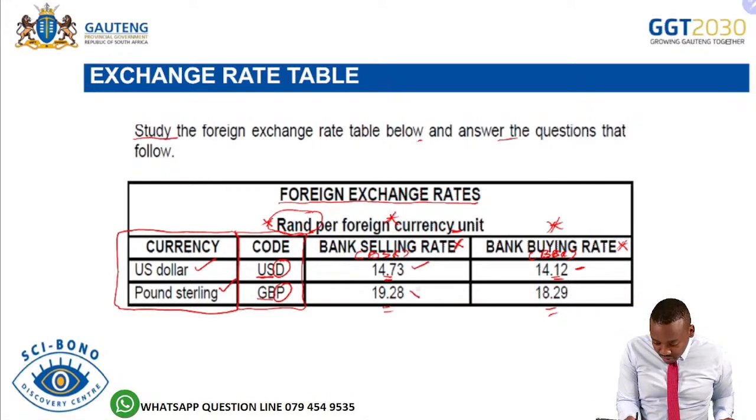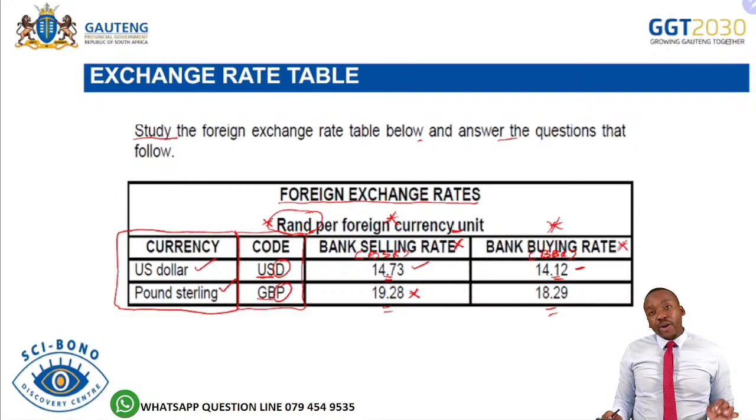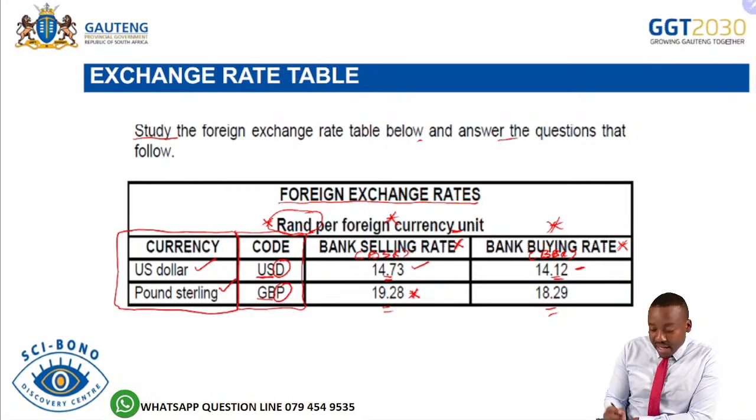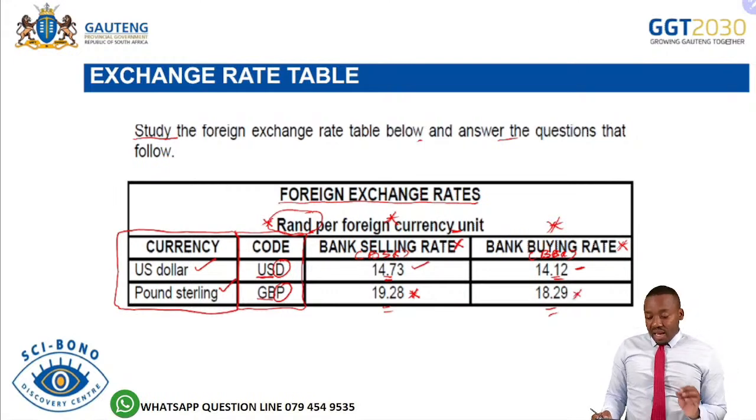When we have our South African rands and then you want a foreign currency, the bank will sell the foreign currency using what? This one, BSR. And then now when you come back from overseas, maybe you're from Britain, you've got some of your pounds with you. Now you want our local currency, then the bank will charge you using what? BBR.